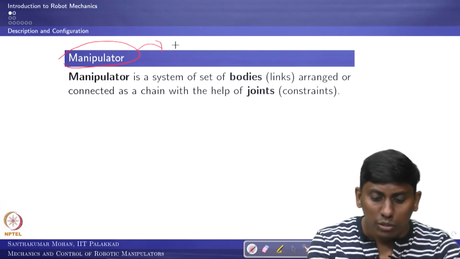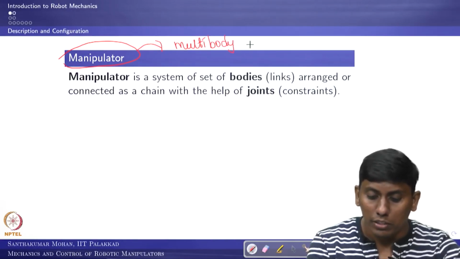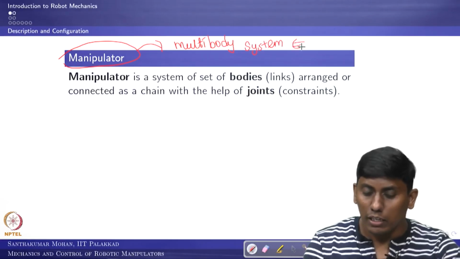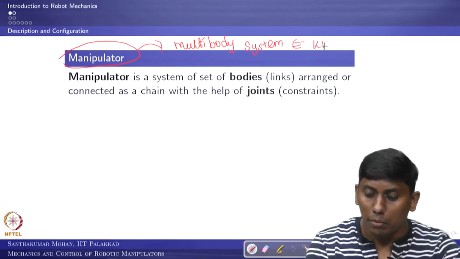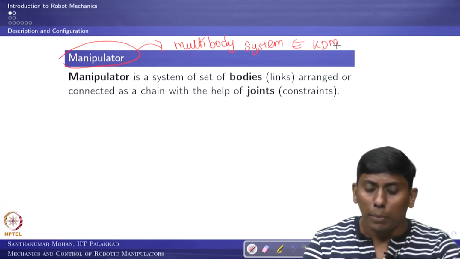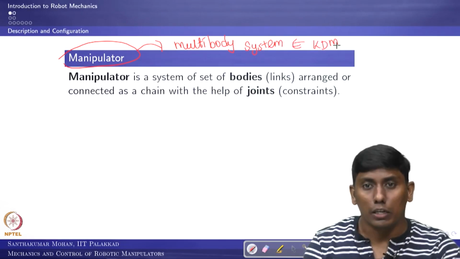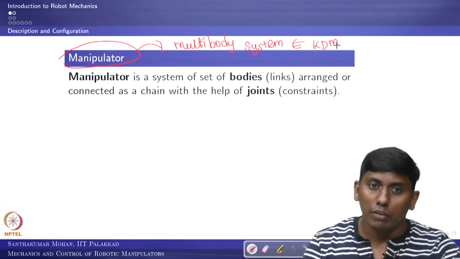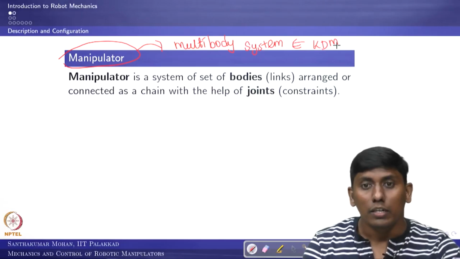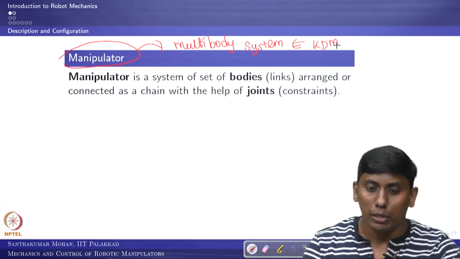Obviously, it is a multiple body system. Since it is a multiple body system, what we have studied in the kinematics and dynamics of machinery may not be straight away applicable, so we should know what method we can use. But this is also very similar to what you have studied as linkages, mechanisms or kinematic chains. This is also one kind of kinematic chain.